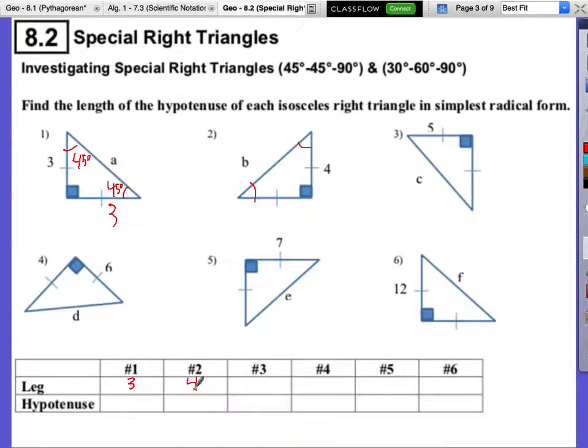This one gets more, yeah. Try simplifying that one again.